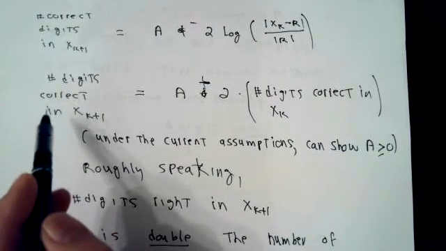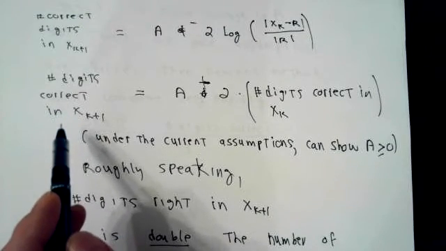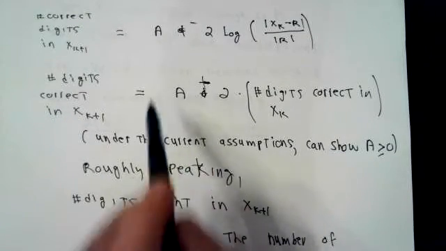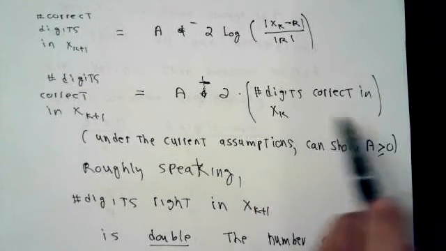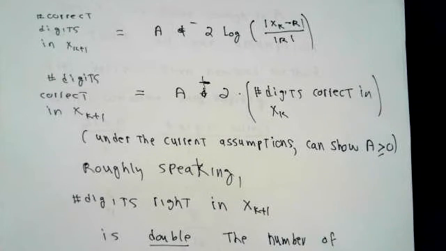The number of digits correct at step k plus 1 is this constant that I'm not going to worry about, plus twice the number of digits that were correct in x number k. Roughly speaking, this says that the number of digits that are correct in x number k plus 1 is twice how many digits you had at x number k, and this is excellent.